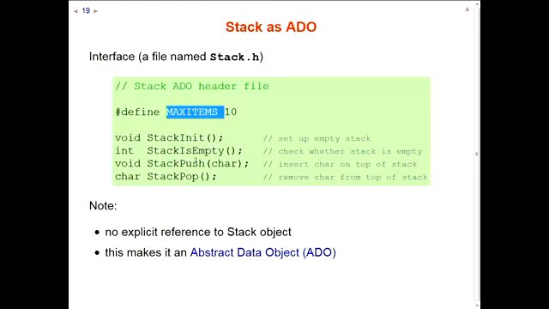So this is what a client, a user of that abstract data object, can see. And we will see later how this is then being used in the programming language C, where a client can load this header file and then use these functions without knowing anything about the implementation.